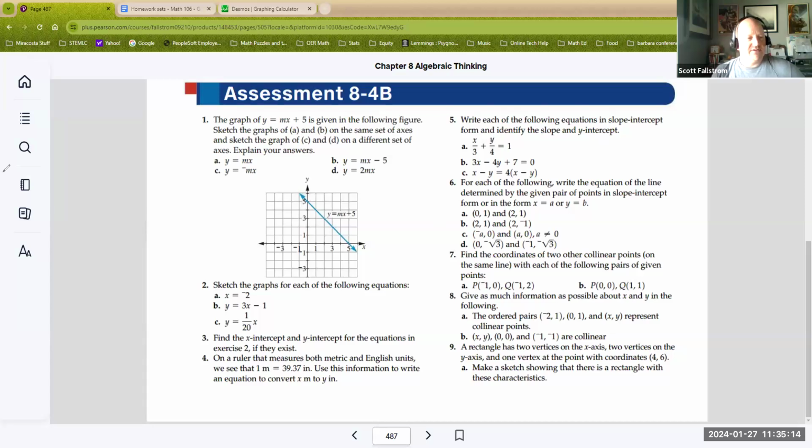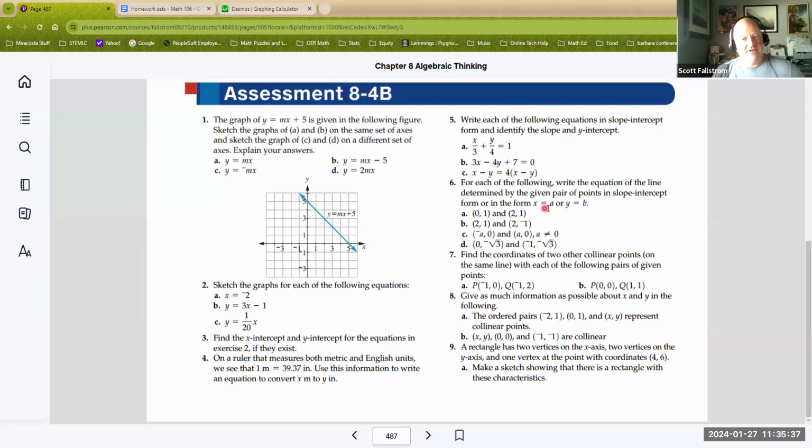Let's see here. What do we have next? Write the equation of the line. So they're going to give you 2 points. I already showed an example in my video of how to take those 2 points and create an equation. Remember, y equals mx plus b is perfectly fine. However, if it's a vertical line, you're going to have to write it as x equals something.